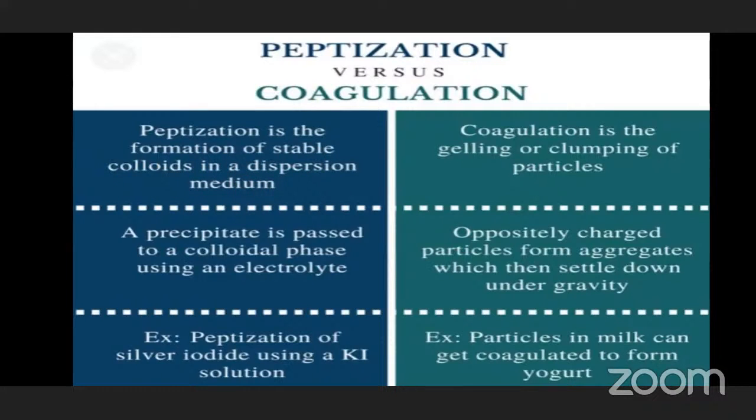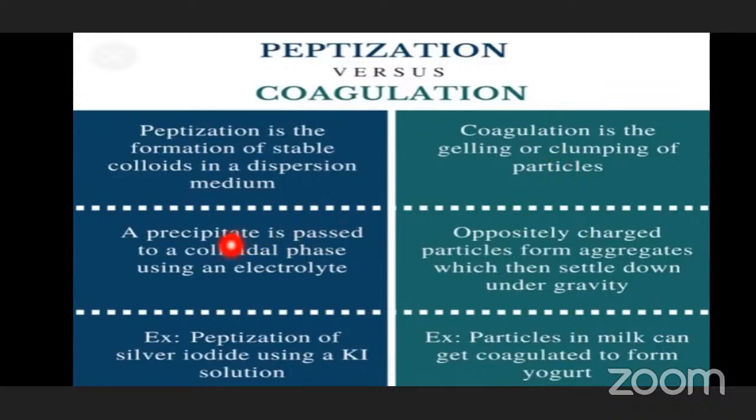That means peptidization is formed in stable colloids. Whereas coagulation is the gelling or clumping of the particles. Here peptidization is present in stable colloids, and here it is present in destabilized colloids.